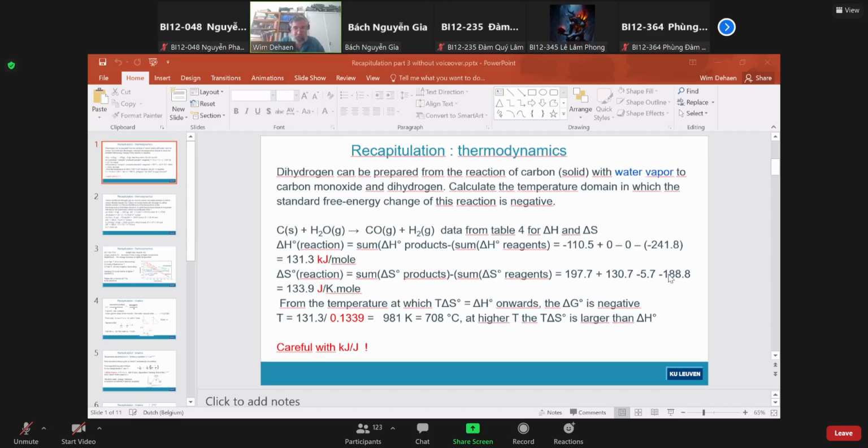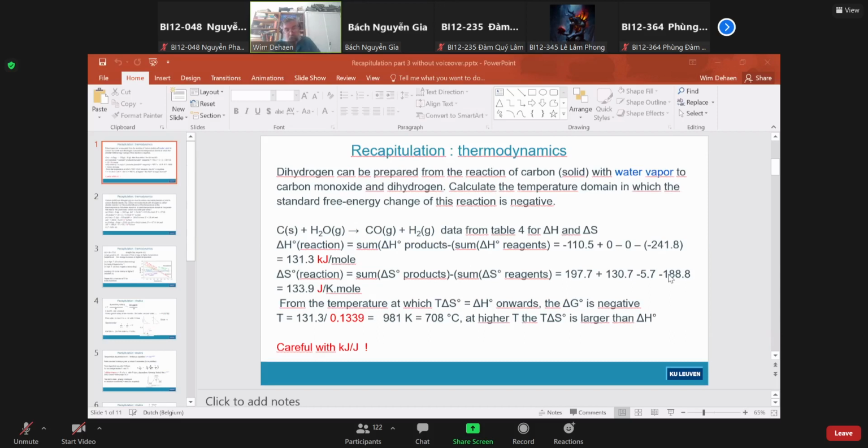So we can simply calculate the temperature by just dividing 131.3 by 0.1339. Why 0.1339? It's in kilojoule. We put everything in kilojoule.